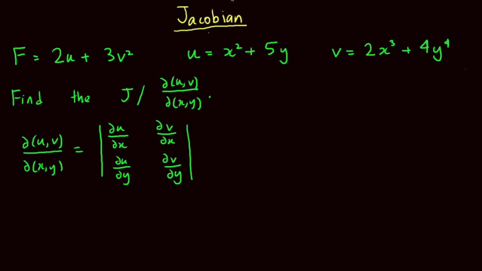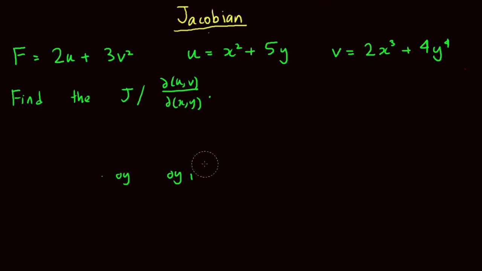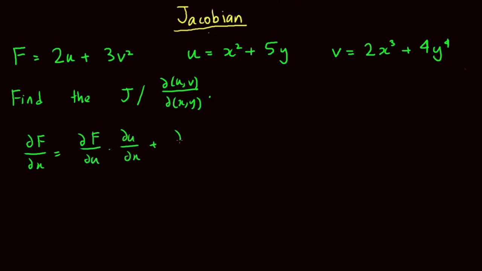But let's say you're not so sure, let's say you do not know that's the correct way to go for this problem. So what I suggest you do is find the original del f over del x, which is just del f over del u times del u over del x plus del f over del v and del v over del x, right?